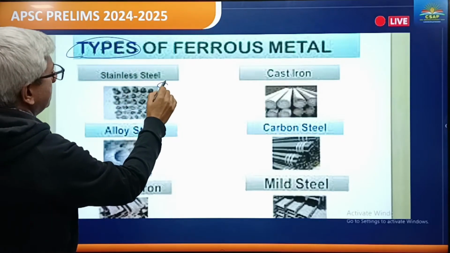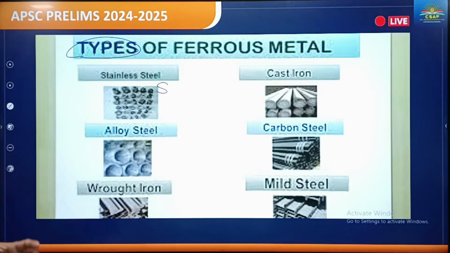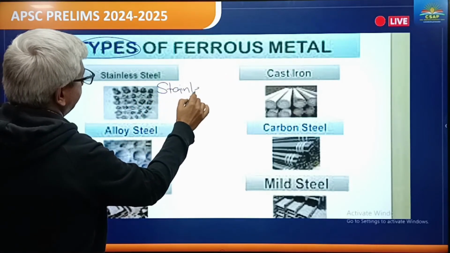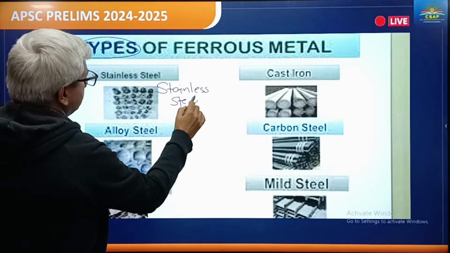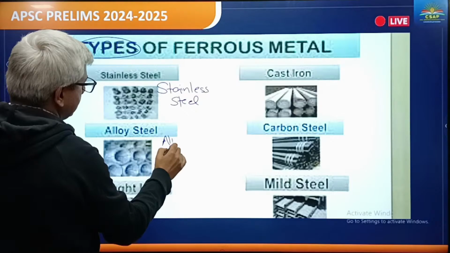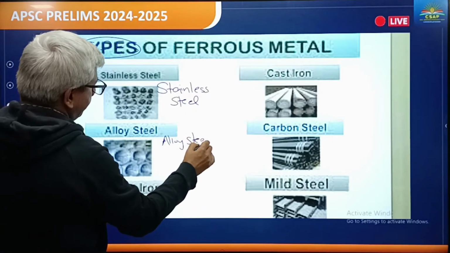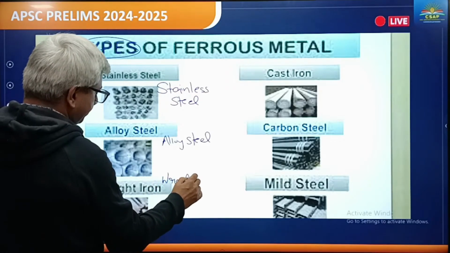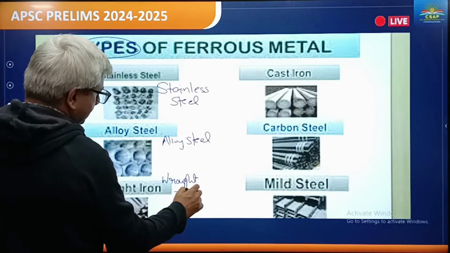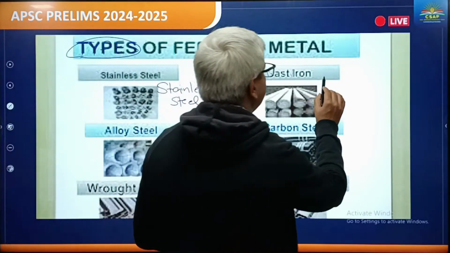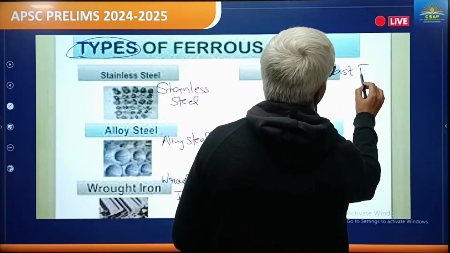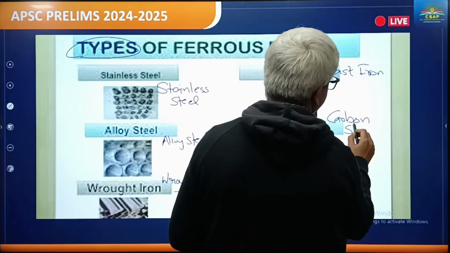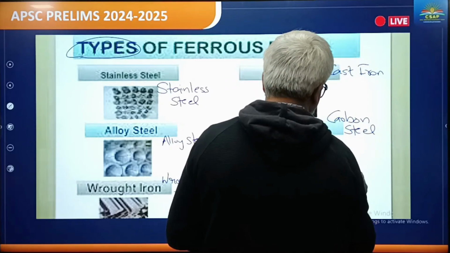For example, types of ferrous metal include stainless steel, then alloy steel, then wrought iron, then cast iron, fine, then carbon steel, mild steel.